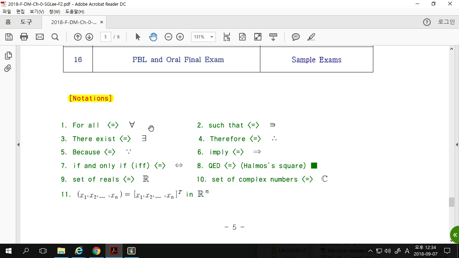For all x in A, that x is in B, which means A is a subset of B. So this means for all, and such that can be written in this way. Okay? And there exists is the flipped letter of E. There exists. Therefore, can be written with this mathematical notation.